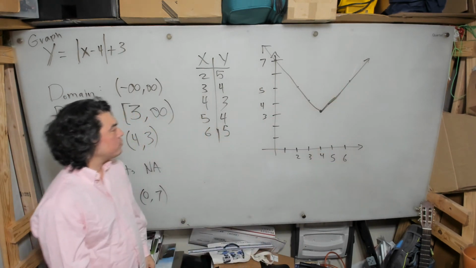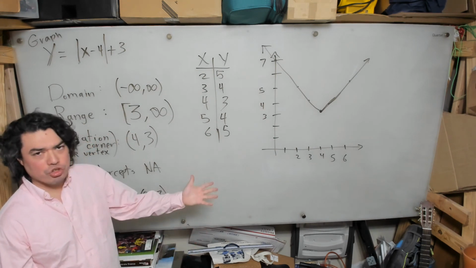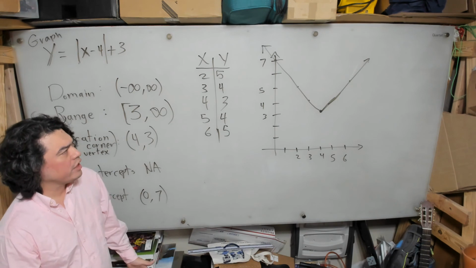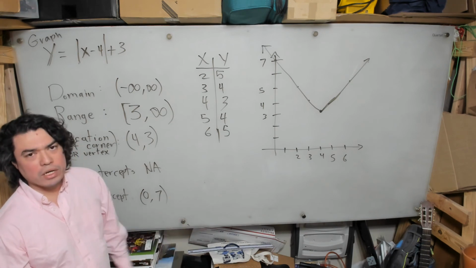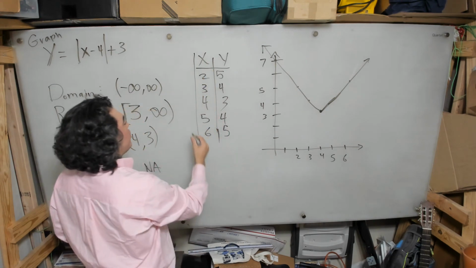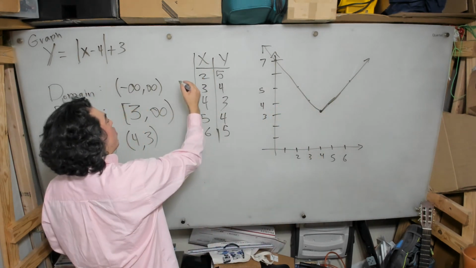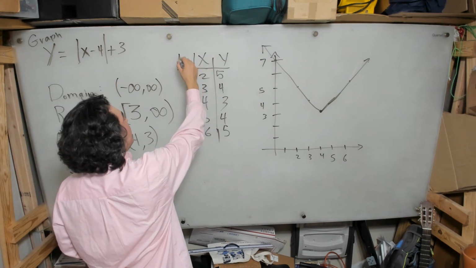Okay? Now, let me just dress up this graph just a little bit. You don't have to do this, but I want to let you know it's possible if you wanted to. If I wanted to, I could label these points, but instead of putting the whole coordinate pair there, I could give each a label.